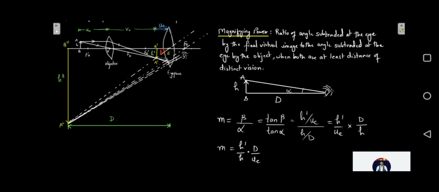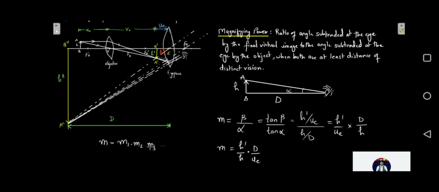So now if I individually see the magnification of the objective and the eyepiece, because this is going to be a combination of lenses, and we have already done the derivation for combination of lenses, wherein we have seen that the total magnification is the product of the individual magnifications M1, M2, M3 and so on, if you have n number of lenses connected together.